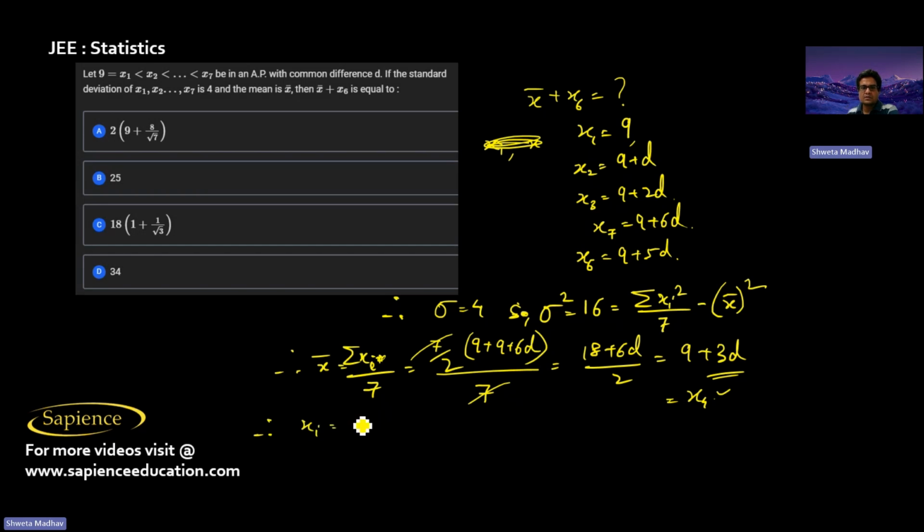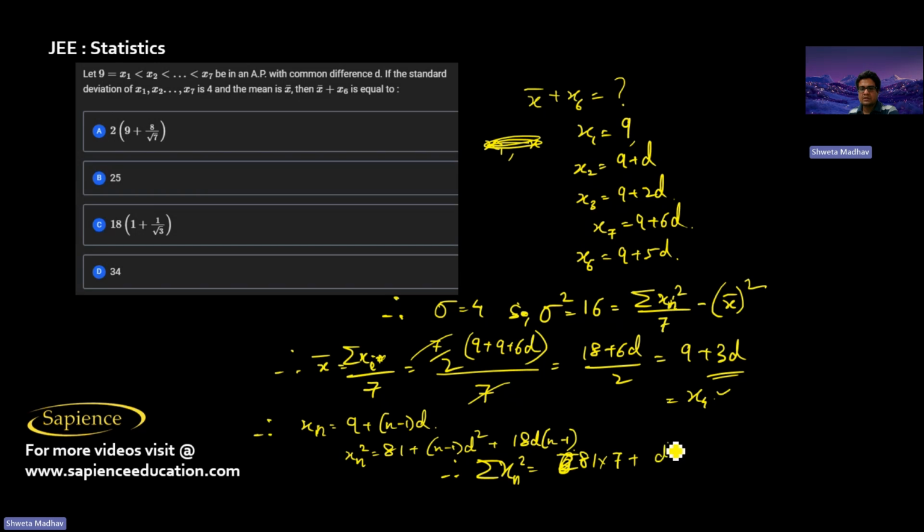I will say xi, the ith term, or xn square. The xn will be 9 plus n minus 1 into d. The xn square will be equal to 81 plus n minus 1 d whole square plus 2 nines are 18, 18d into n minus 1. Now therefore summation xn square will be equal to 81 added 7 times, 81 into 7, plus d square into summation of n minus 1.